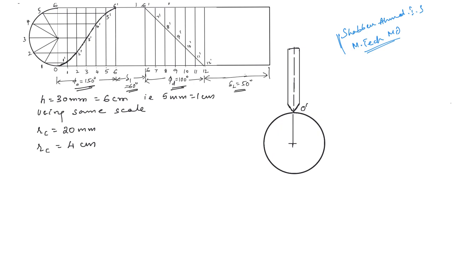So what was the angle? The angle of ascent was 150 degrees. So from this line you mark 150 degrees in the counterclockwise direction. Approximately I will mark here.